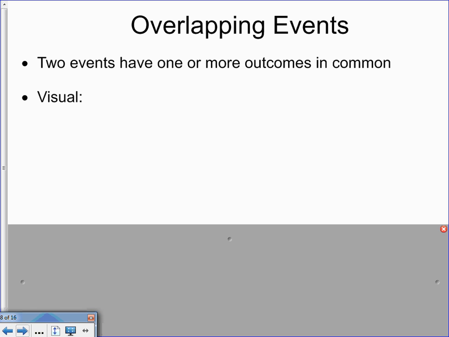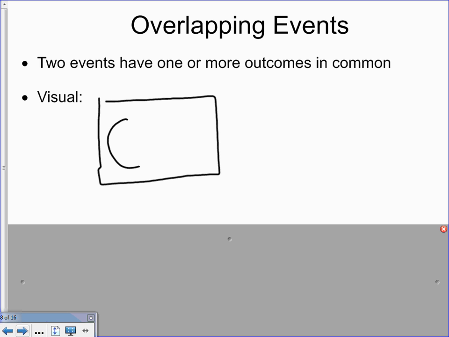I'm going to draw the same visual that we had on the last screen. And what I'm going to do here is I'm going to highlight the actual overlap for our events.